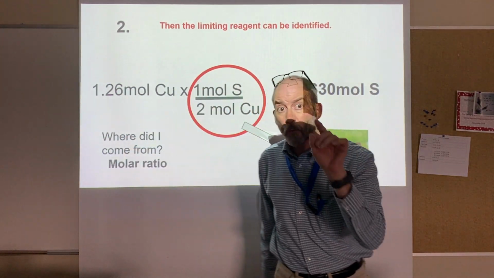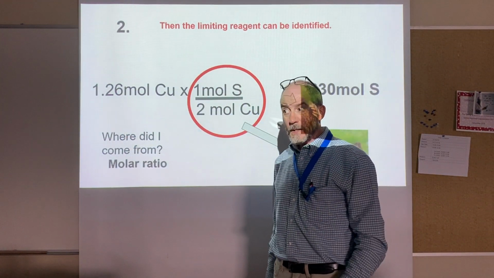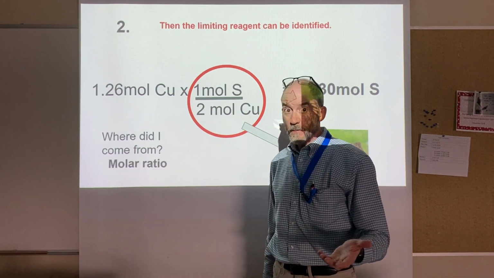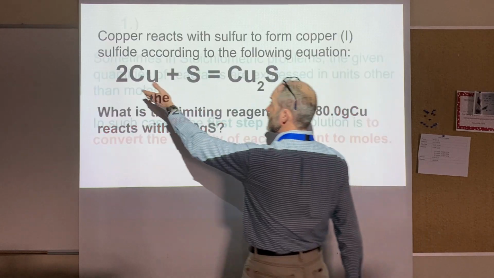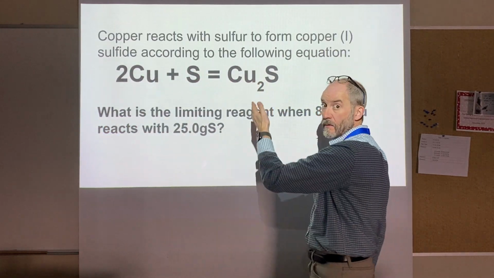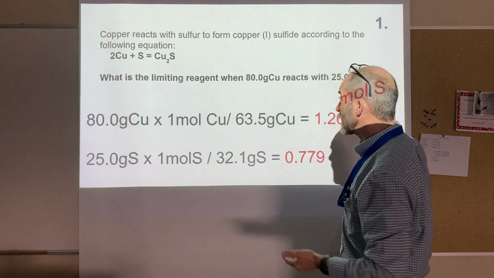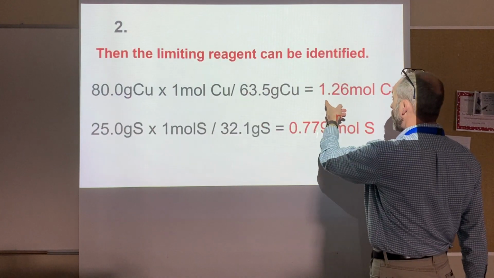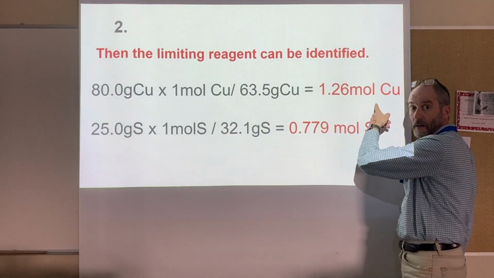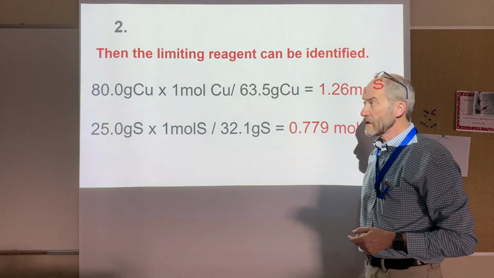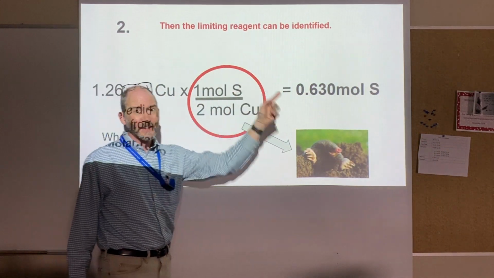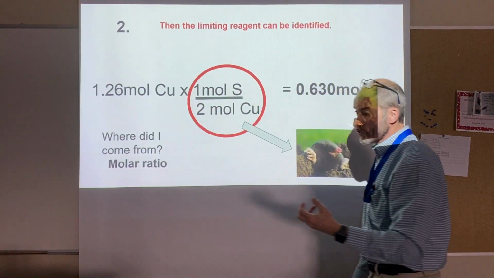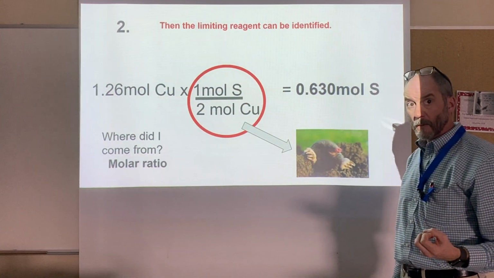And here's really what we're saying. We're saying, okay, if that's how many moles of copper I have, and I'm going to carry out this reaction, then given 1.26 moles of copper, how many moles of sulfur would I need? So I'm going to use the molar ratio, which comes straight from the balanced chemical equation.